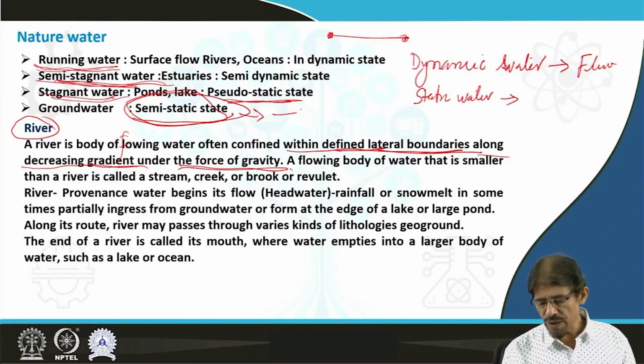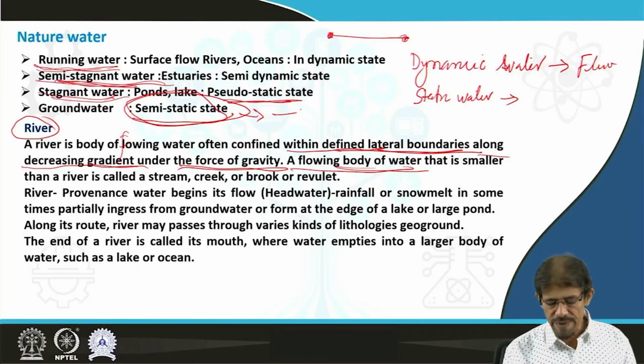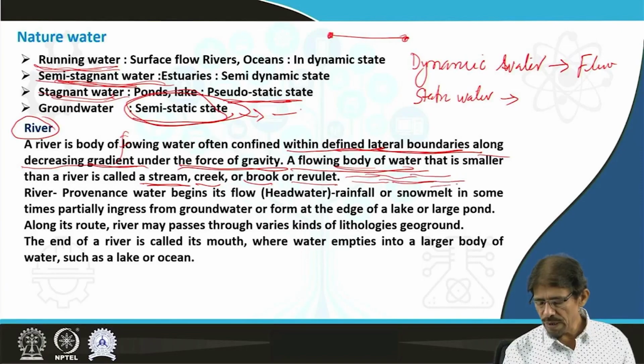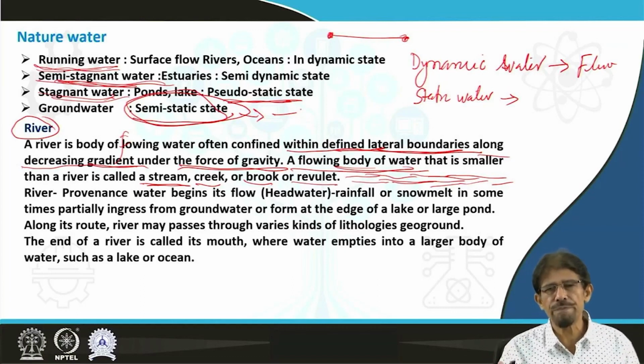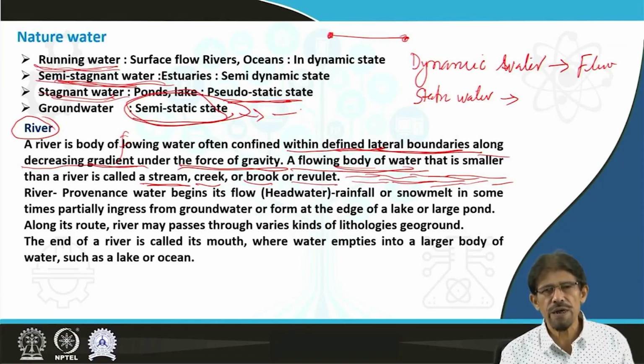A flowing body of water, if smaller in nature, is recognized as a stream, creek, rivulet or brook, but the standard form of the big moving dynamic water body confined within the boundary is recognized as a river.